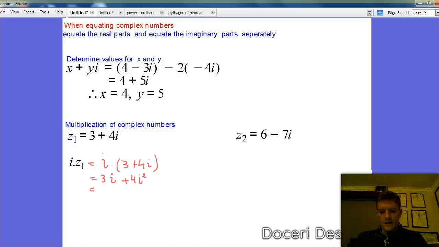Okay, now from that, how does this simplify? Well, first off, we need to remember what i is. i is the square root of -1. So i squared is squaring that square root, which is your inverse operations. So that will have a value of -1. So let's put that in there. 3i minus 4 now.